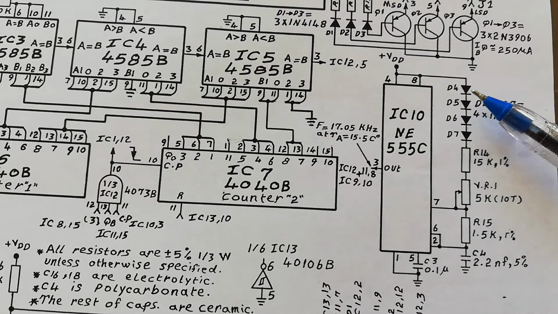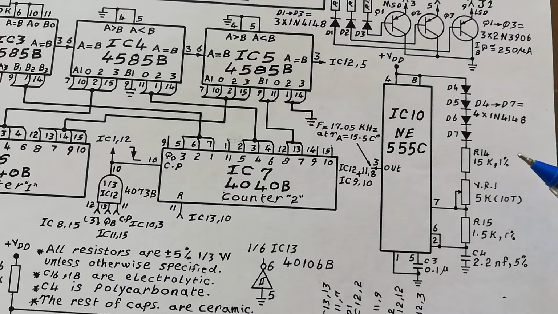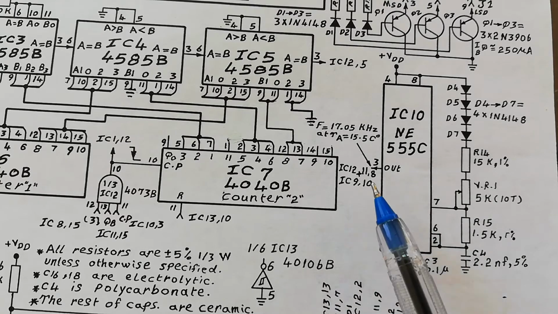You see, the VBE of a diode decreases by about 2.3 millivolts per degree centigrade. So the 4 of these will give you a decrease in their voltages of about 10 millivolts per degree centigrade. Okay? And this is how we are going to increase the frequency of that generator.